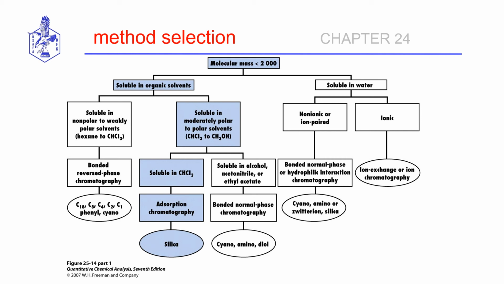If we are dealing with small compounds, and the benchmark is molar masses less than 2,000, then we want to consider this flow chart of decisions. First of all, we ask, are they polar or nonpolar? If they're soluble in organic solvents, that's the nonpolar side of life. If they're soluble in water, they're pretty polar.